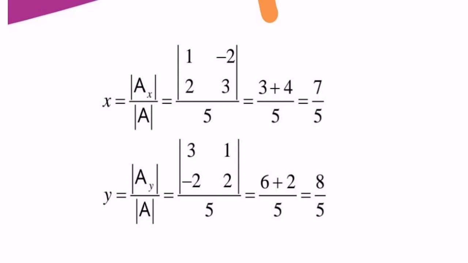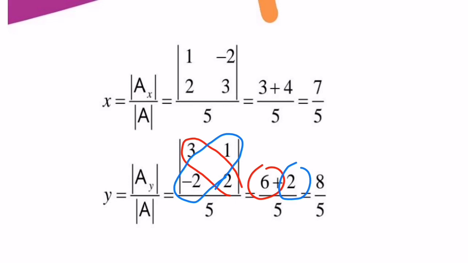Now Y is equal to the determinant of AY divided by the determinant of A. But AY is equal to 3, 1, minus 2, 2. So the determinant of AY is 3 multiplied by 2, 6, and the product of minus 2 and 1 gives 2.